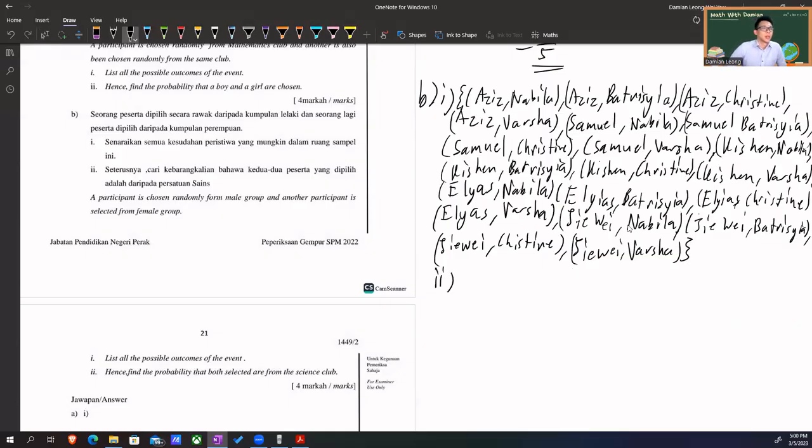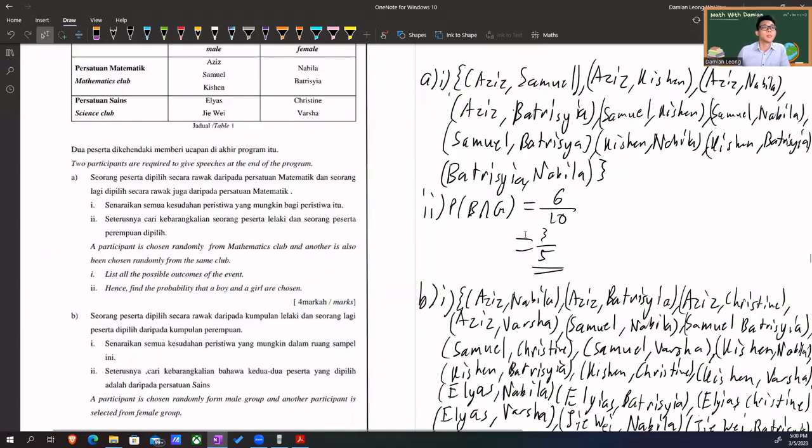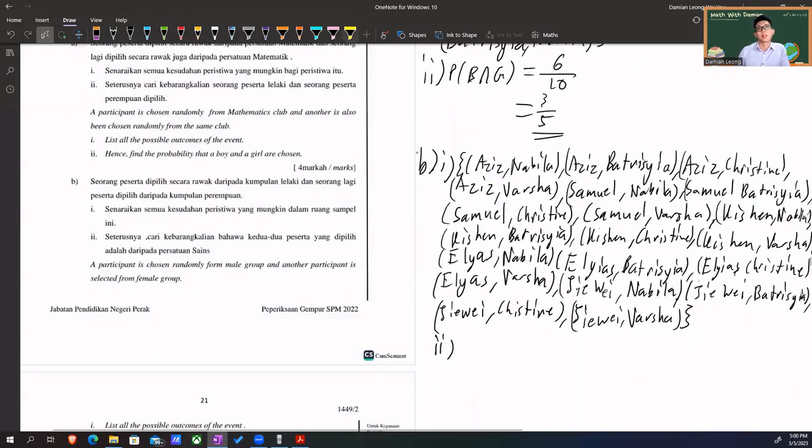Then B2. Hence, find the probability that both are selected from the science club. So probability that both are from science club. Out of all these, both from science club will be Ilyas Christine, Ilyas Vasha, Jerry Christine, Jerry Vasha.